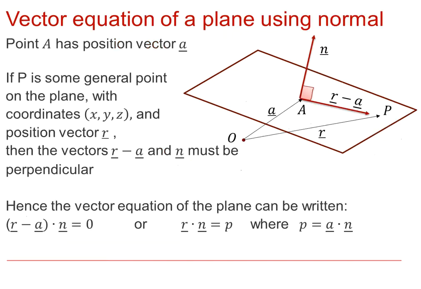If point A on the plane has position vector a, as seen here, and P is a general point on the plane with coordinates x, y, z, and position vector r, then the vectors r minus a and n must be perpendicular, as shown on the diagram.